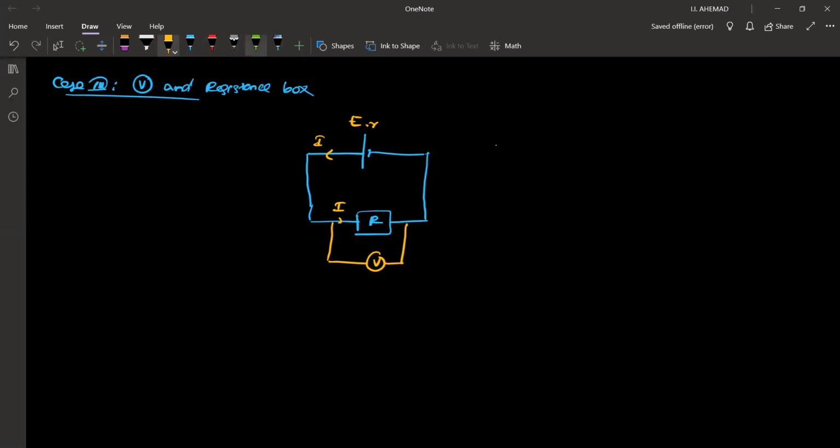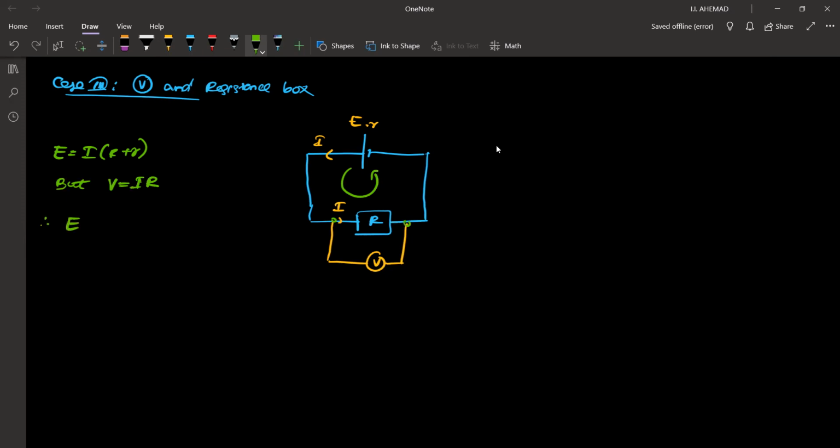So here, if we apply the Kirchhoff law for this loop, we get E is equal to IR plus Ir. But when we check the potential difference across this resistance, we get V is equal to IR.